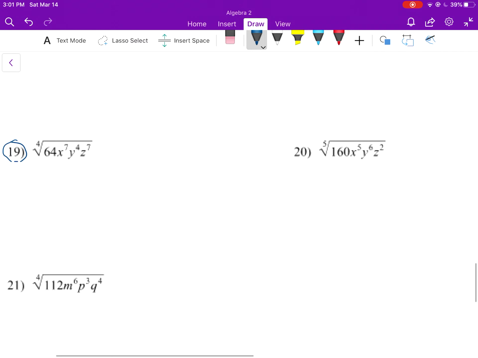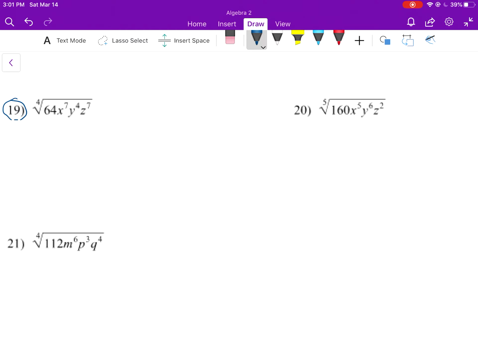Let's do one more similar to that. We have the 4th root of 64. We actually just worked with 64, and we saw that was 2 to the 6th. So we have the 4th root of 2 to the 6th, x to the 7th, y to the 4th, and z to the 7th.